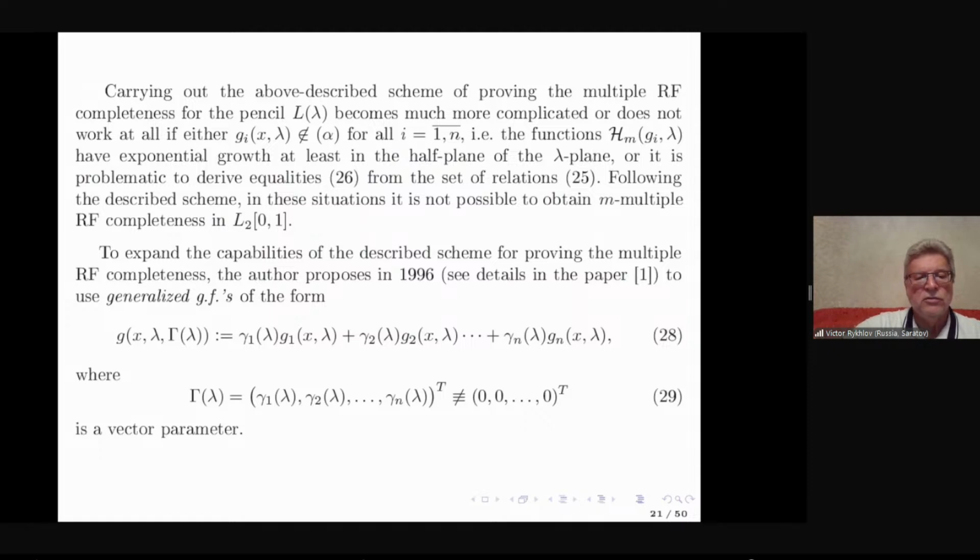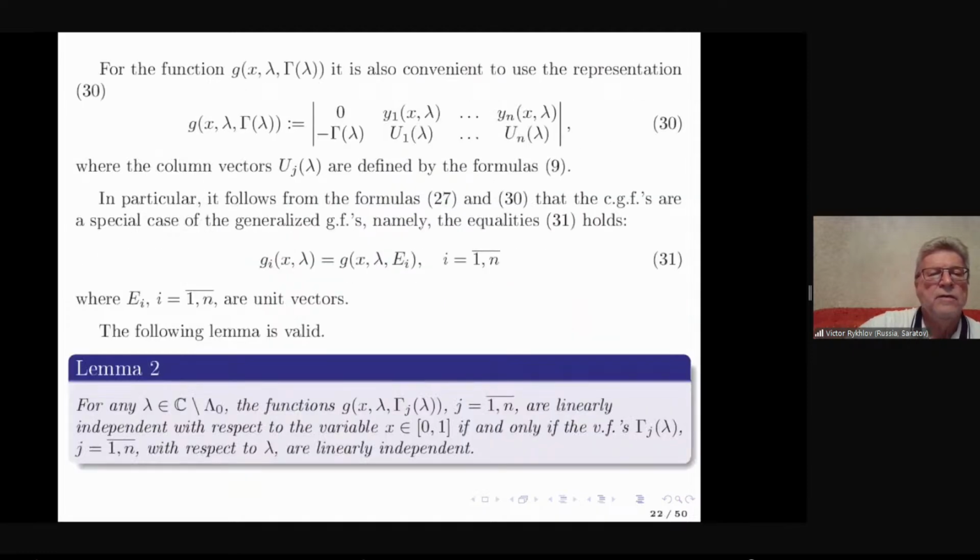We denote by gamma of lambda the vector of these parameters. For the function g of x, lambda, gamma, it is also convenient to use the representation 30 as a determinant, where the column vectors u_j of lambda are defined by formula 9.